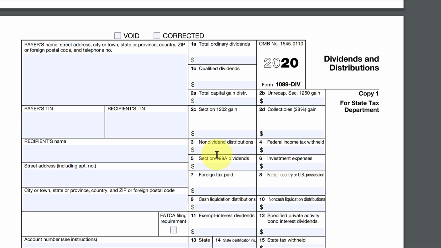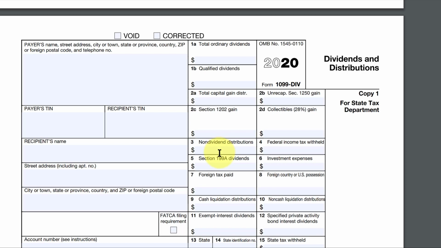They're just going to show anything in excess of distributions over the amount of dividends over here. So it's up to the shareholder to determine how much of this is tax-free recovery of their basis in their stock. And anything in excess of that is going to be a gain, probably a long-term capital gain.